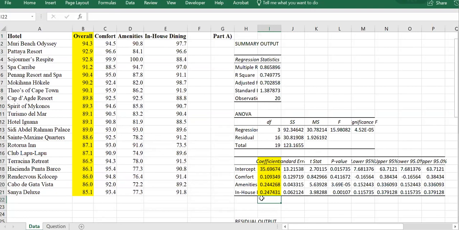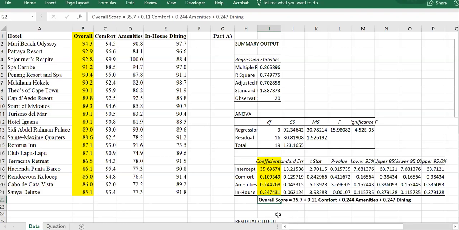Equation is going to be overall score equals the intercept plus the coefficient for comfort times comfort plus the coefficient for amenities plus the coefficient for in-house dining times in-house dining, 0.247 times dining.